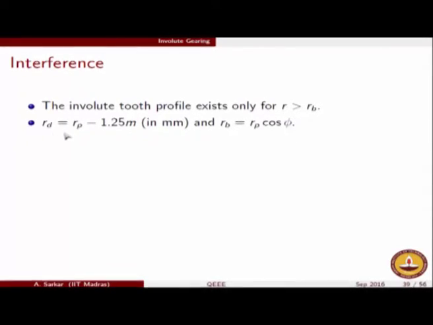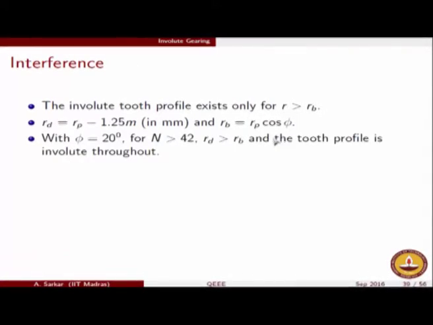Now we will remember that as per the SI standards, the dedendum circle radius is given by the pitch circle radius minus 1.25 times the module, where the module is expressed in mm. Similarly, the geometric relation between base circle and pitch circle, which we derived in the last class, is RB equals RP cos phi.